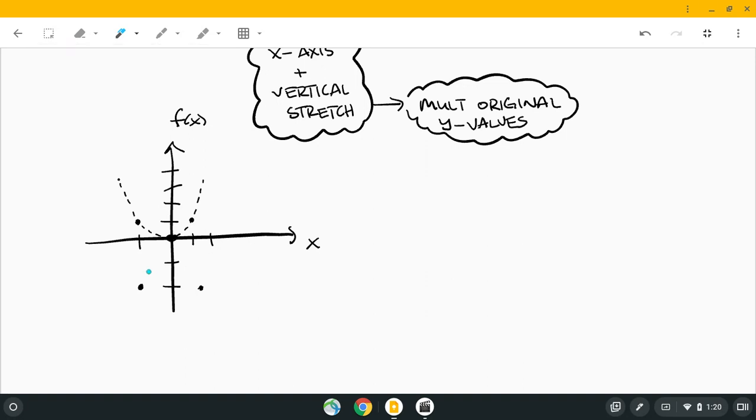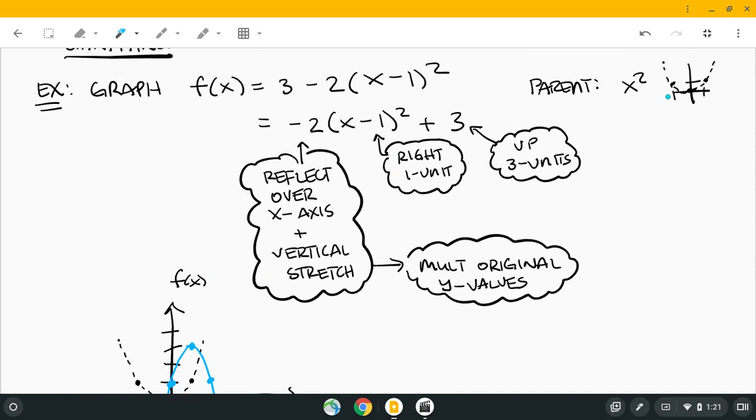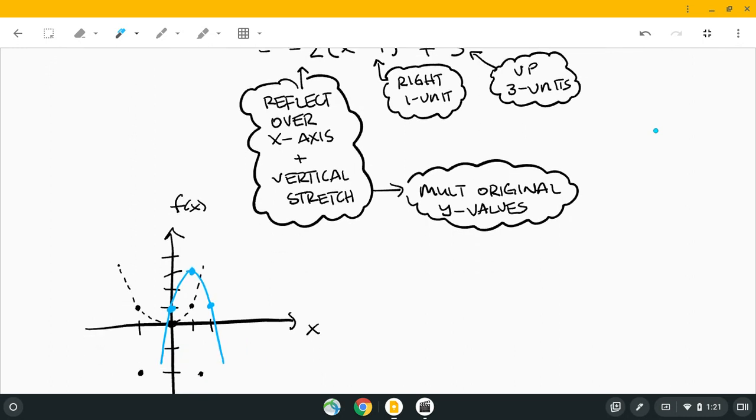Right 1, up 3. So right here. This is going to go right 1, up 3: 1, 2, 3. And this is going to go right 1, up 3. So here is my final function with these transformations done to the parent function.